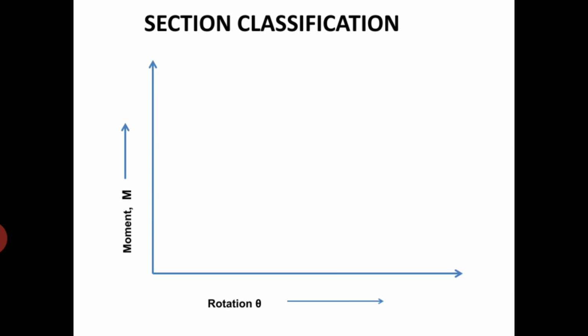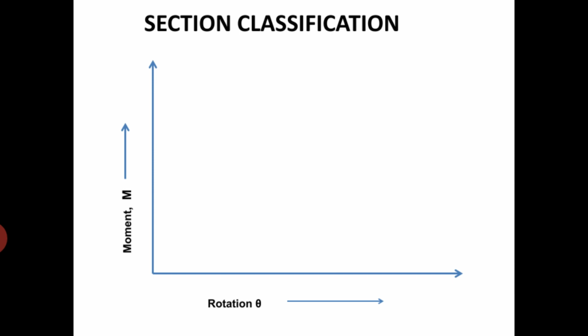Then the moment rotation characteristics of these four classes of cross sections, which I am going to show now, gives you the detailed classification of the sections. So class 1 sections, the class 1 sections means the plastic sections.